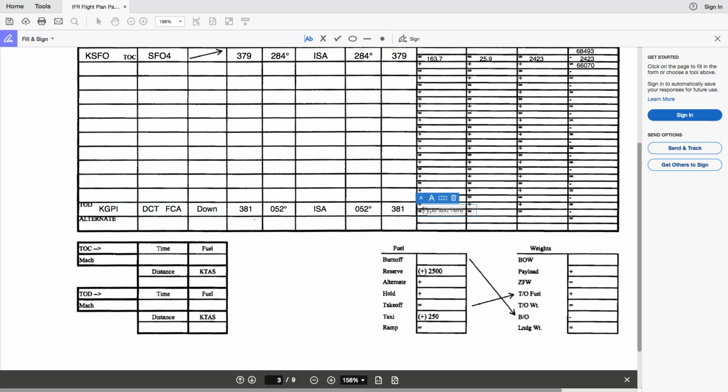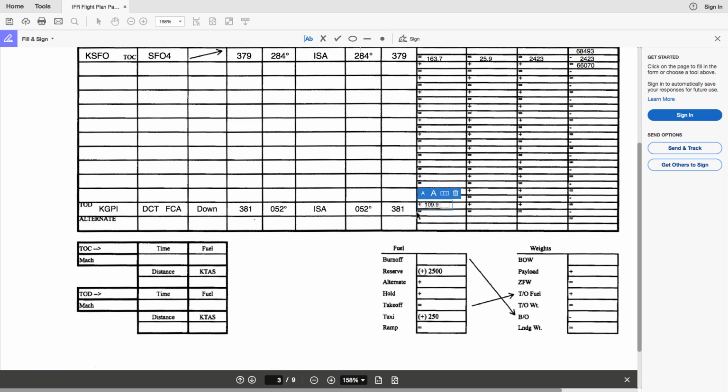Okay, take that, the rest of the information we came up with from our performance sheet, put it on here. This one we're going to put on the plus. You guys see where it's a plus and not an equal sign? Okay, so for GPI, our segment distance was 109.9, correct?